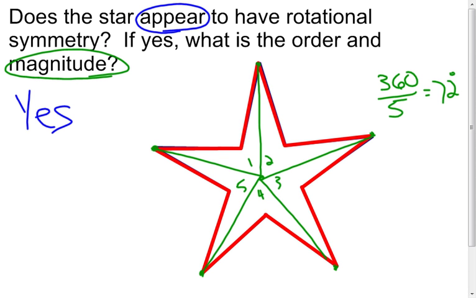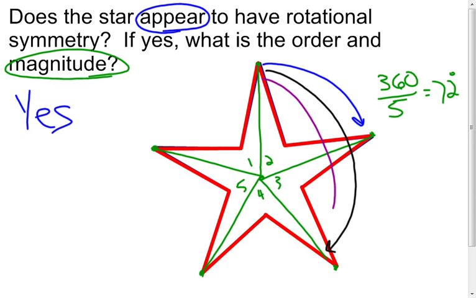I have that done. Now I'm going to figure out my order, which I've kind of already done. How many different ways can I rotate it? Well, there's one. There would be 2. Let's keep going. There would be 3.